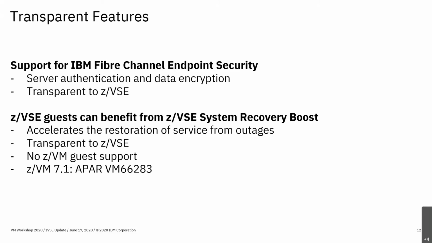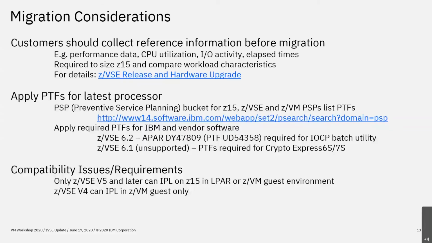This means the speed boost cannot be controlled by the guest itself. This support requires CVM 7.1 with the following APAR applied or PDF applied, and or CVM 7.2, which has it already included.